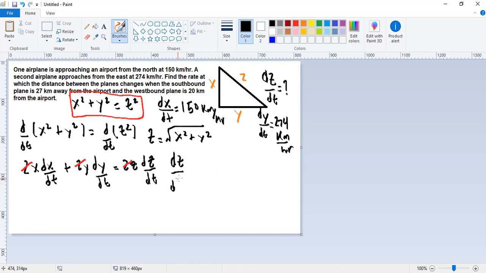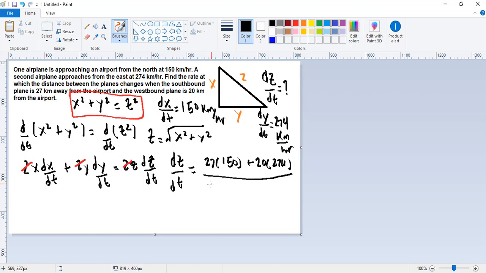If we just substitute everything in, dz dt is going to be, well, how far was the southbound plane? It was 27, so we have 27 times 150, plus the 20 times the 274, and it's okay that my diagram is not to scale.